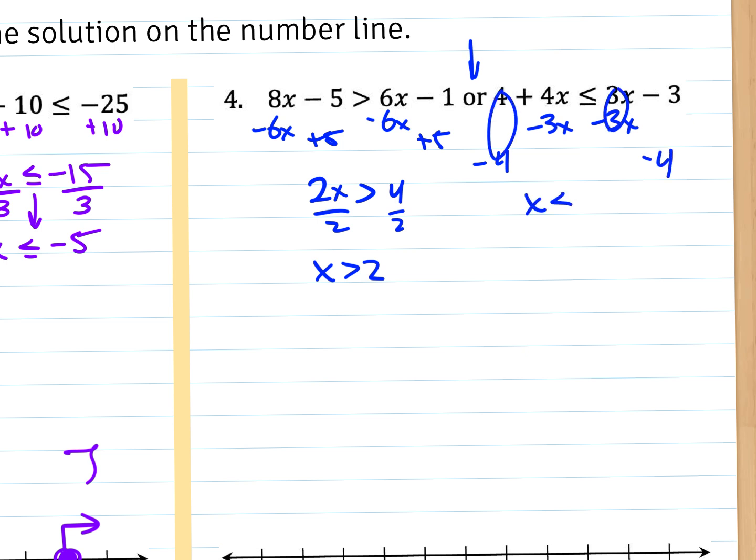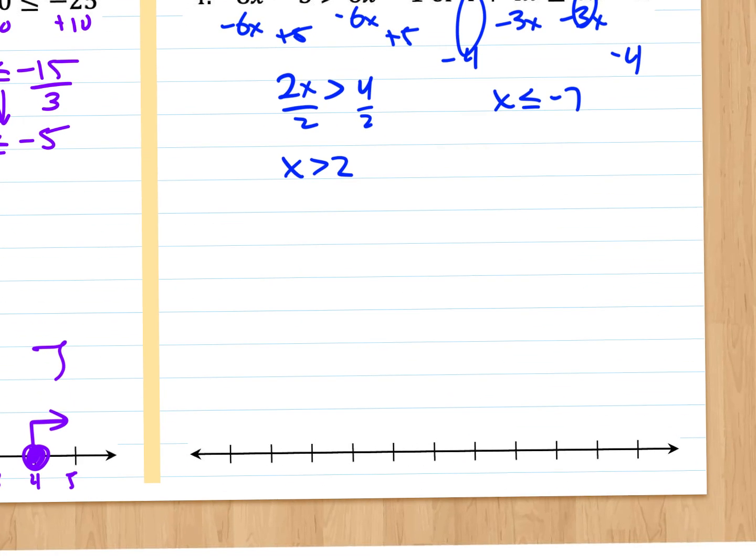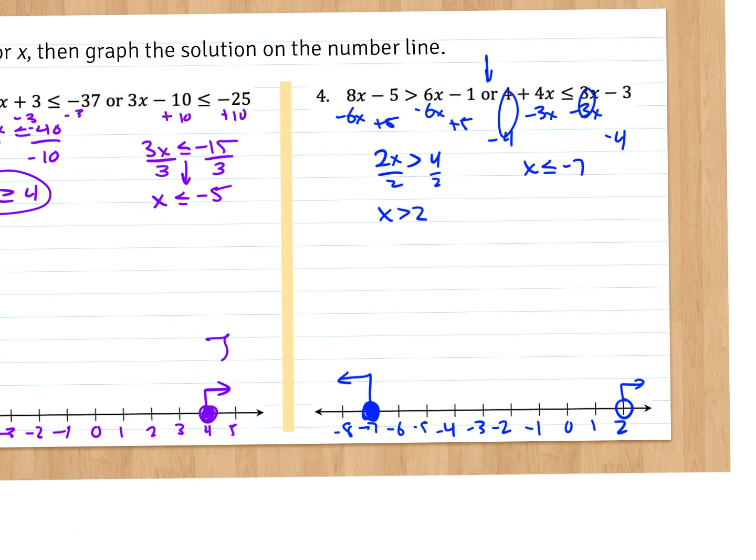So x has got to be less than or equal to negative 7. So at negative 7, I go smaller. Greater than 2, I go bigger than 2. That's what my graph is going to look like, okay?